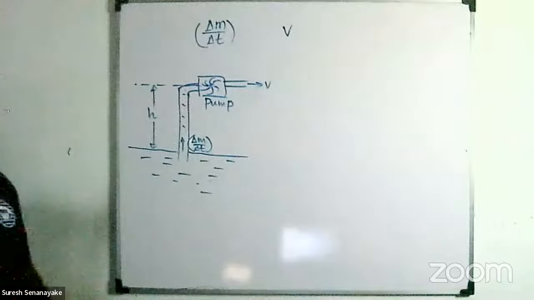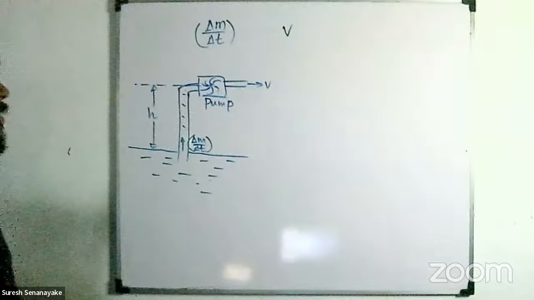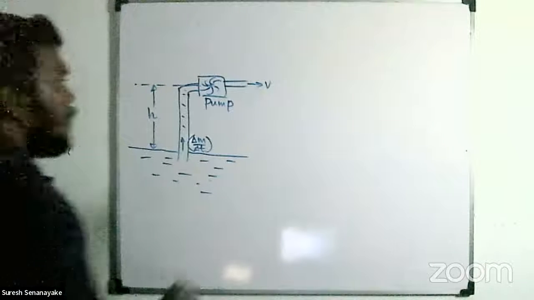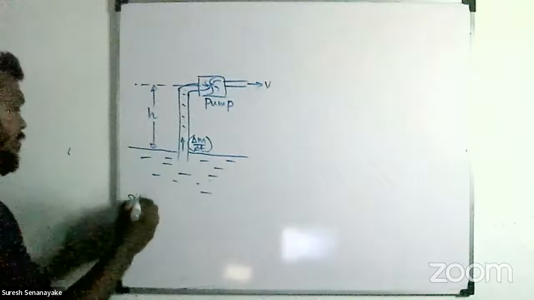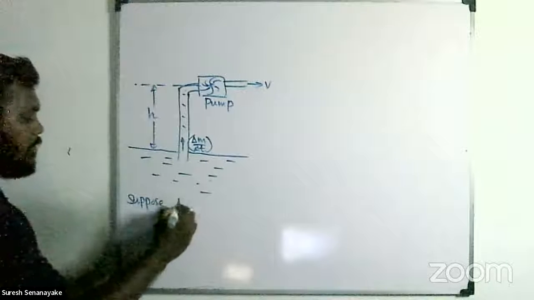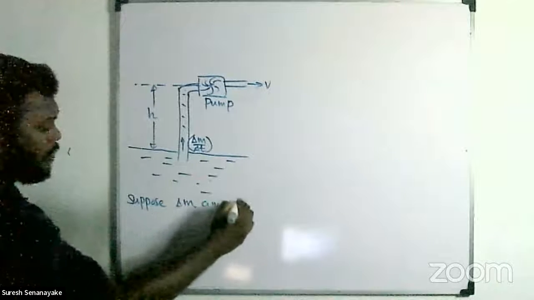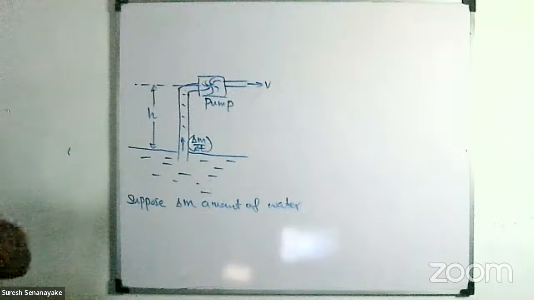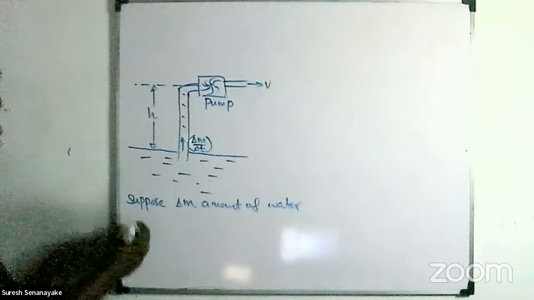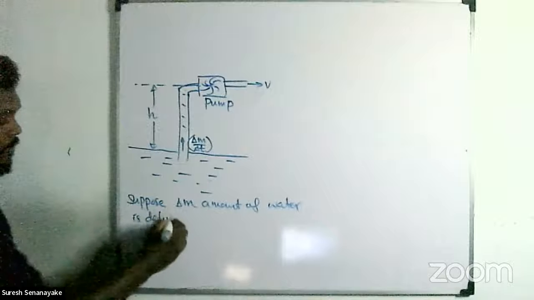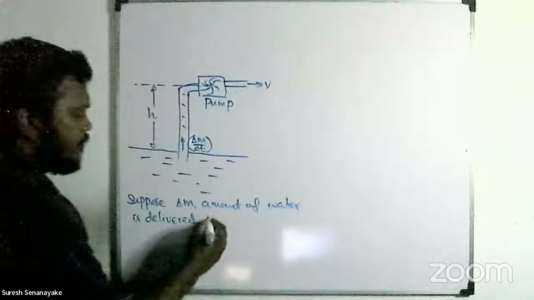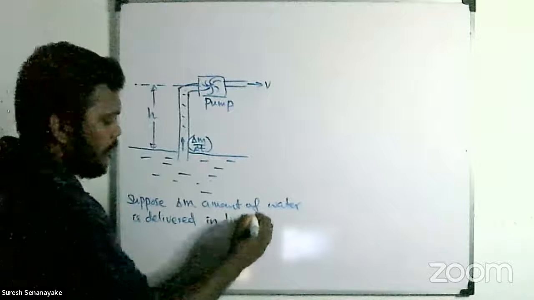That's the way you consider it. You can draw this and then write: suppose delta m amount of water is delivered in time delta t.